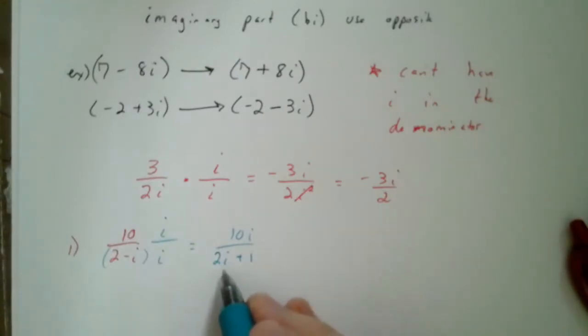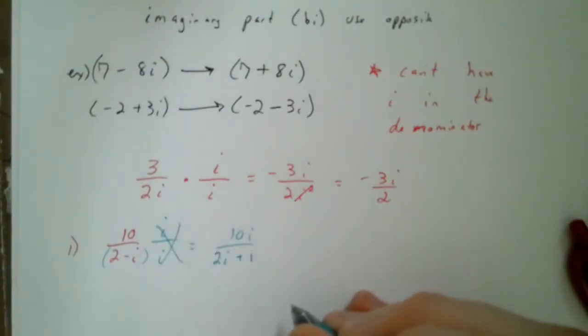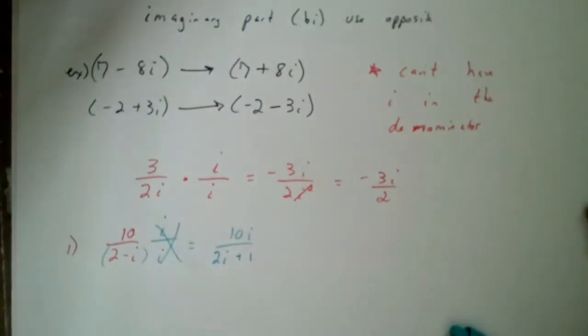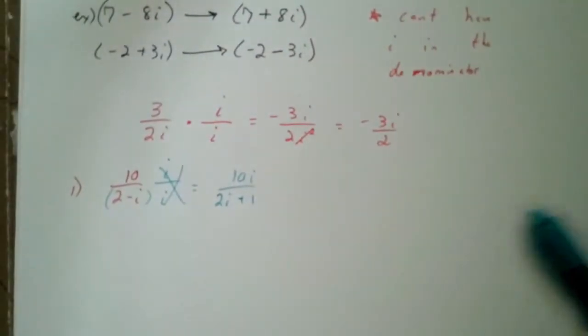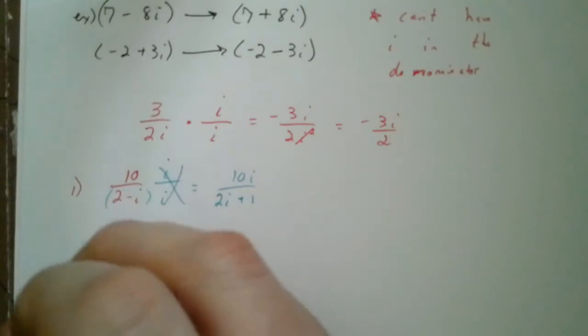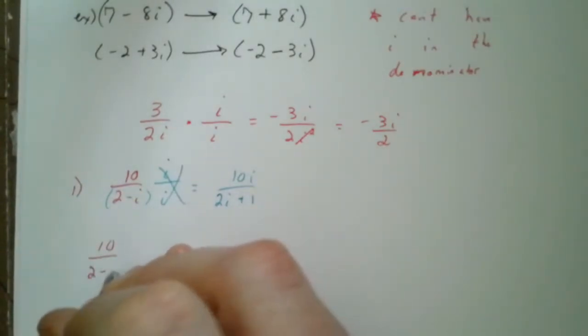But look, I still have i in the denominator, and I'm still not allowed to. So this process doesn't work here. But that's why we developed this idea of a complex conjugate. So let's see what happens if I multiply by the complex conjugate.